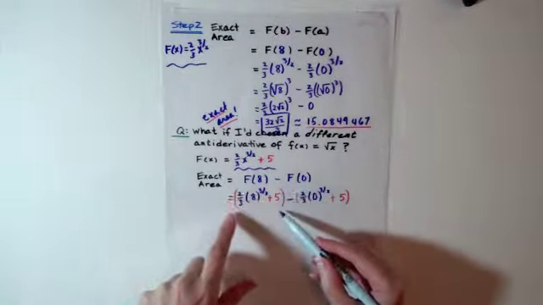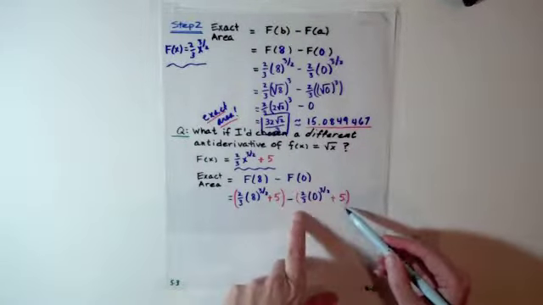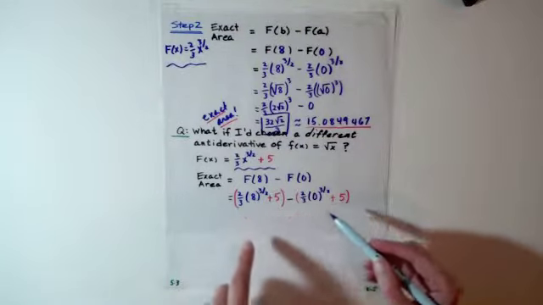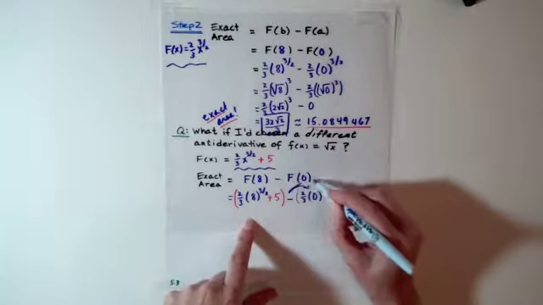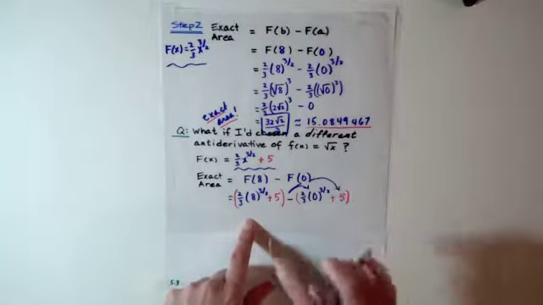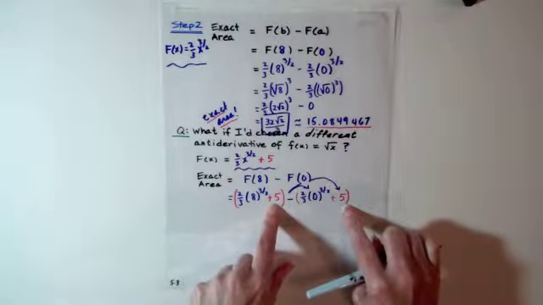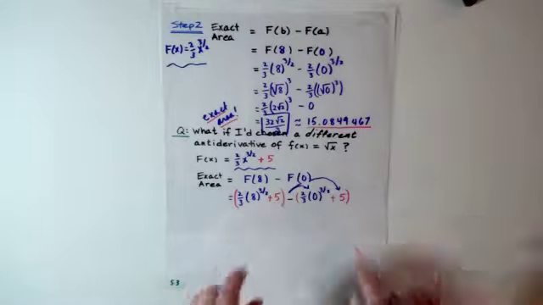Because I'm taking this expression right here and subtracting this whole thing, and it's in parentheses, I have to subtract all of F of 0. You notice that when I distribute this minus sign, I'm going to end up with a plus 5 and a minus 5. And that integration constant that I chose a value of 5 for is actually going to drop out.